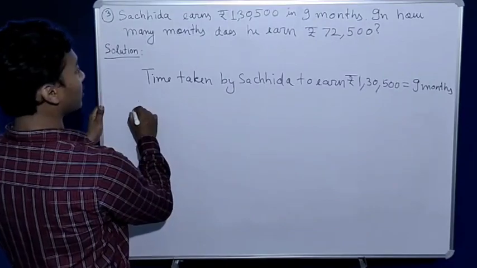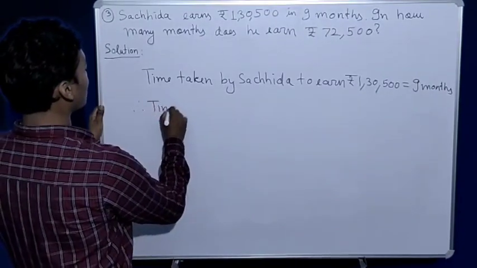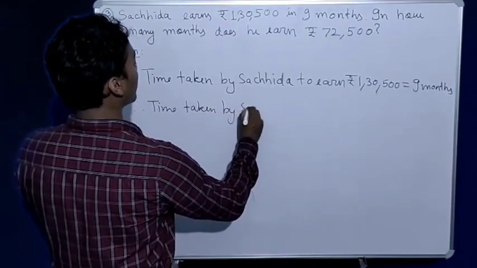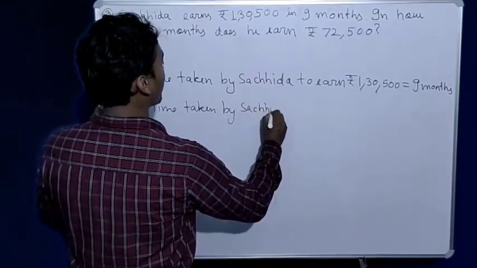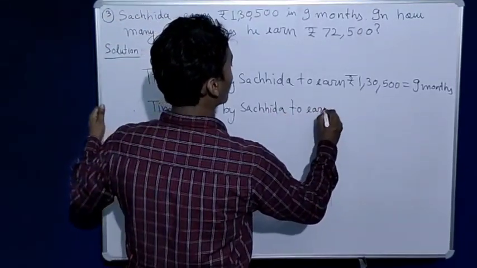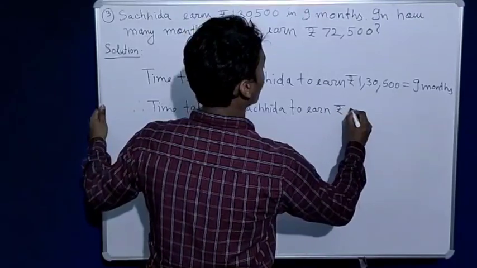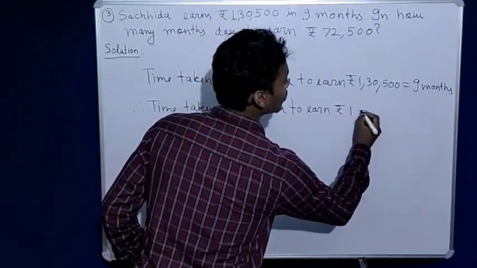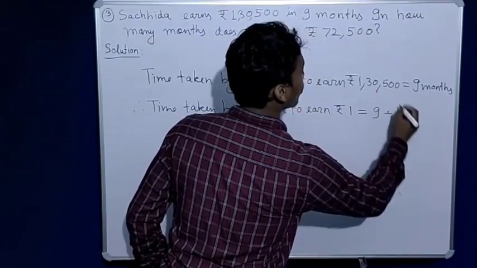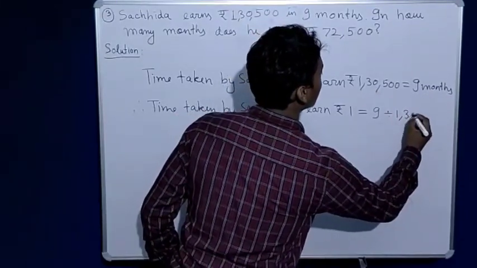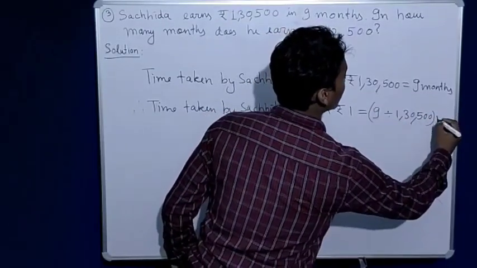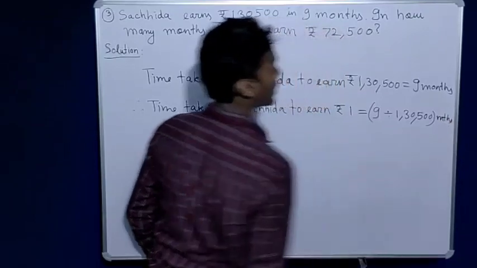Now we can find the time taken by Sachida to earn rupee 1, which will be equal to 9 months divided by 1,30,500, and they will be in months.